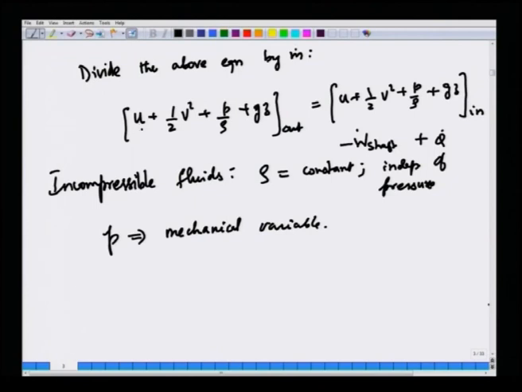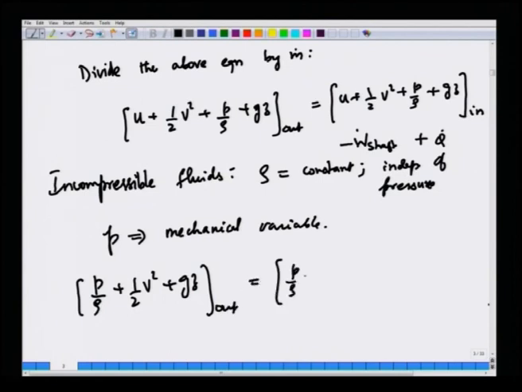So, you take U to the other side to write this as P by rho plus half V squared plus GZ at outlet is P by rho plus half V squared plus GZ at inlet minus W dot shaft, okay, minus U out.